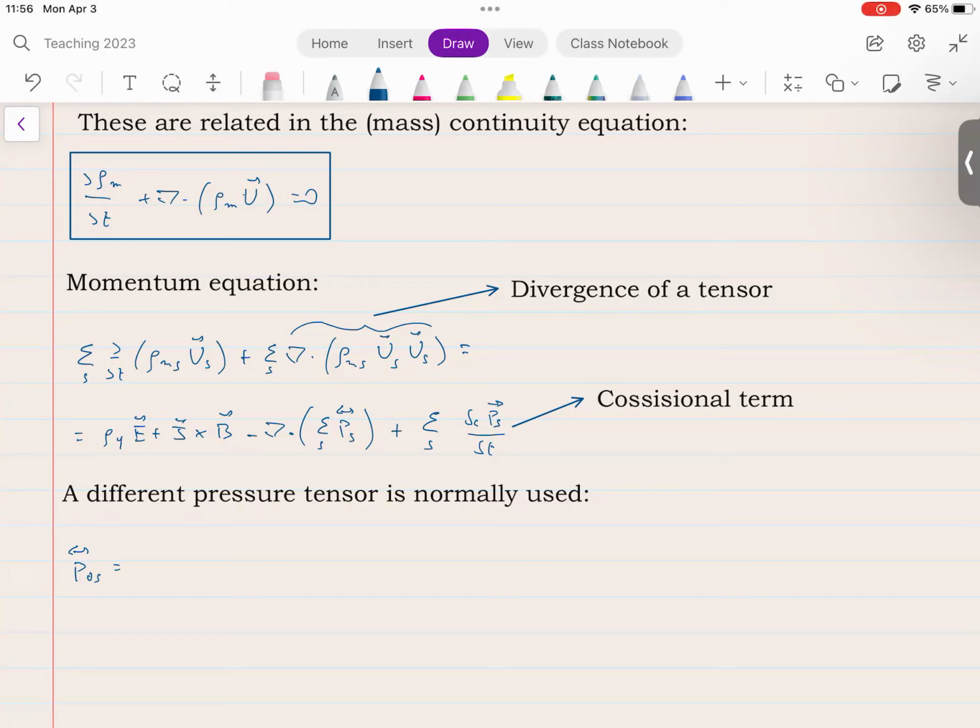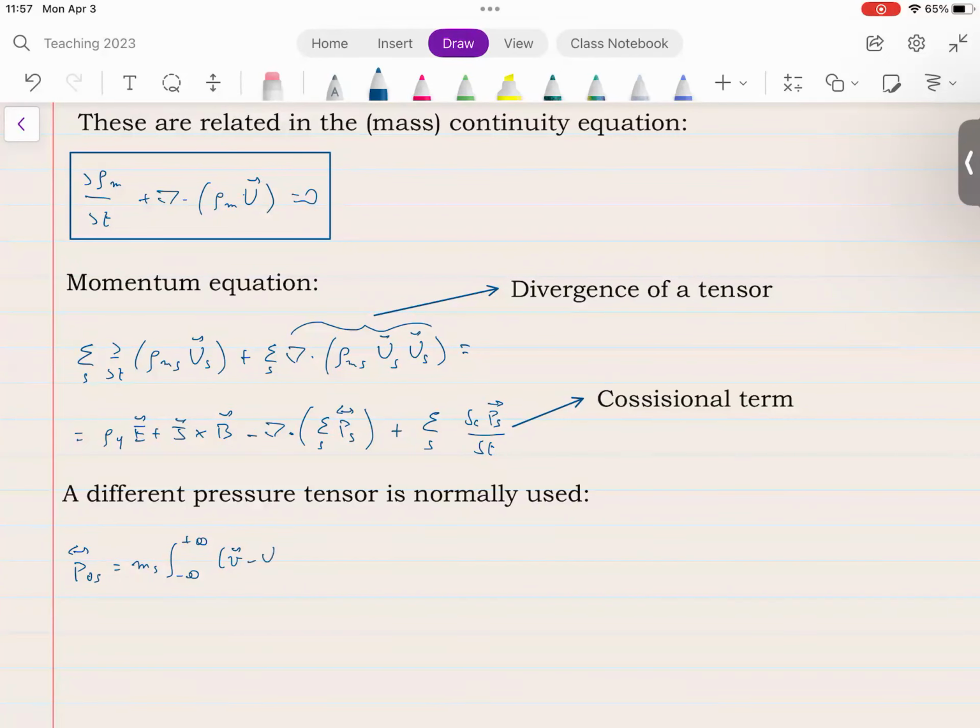So this tensor here has a subscript 0, and this is what it looks like. We have the integral over the whole space, from minus to plus infinity in each component of the velocity.